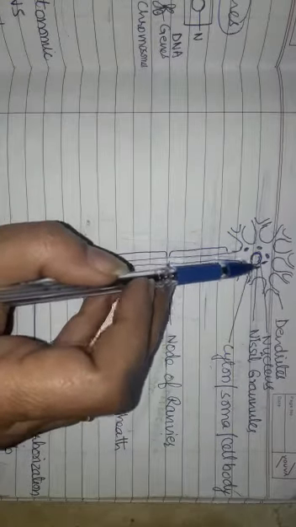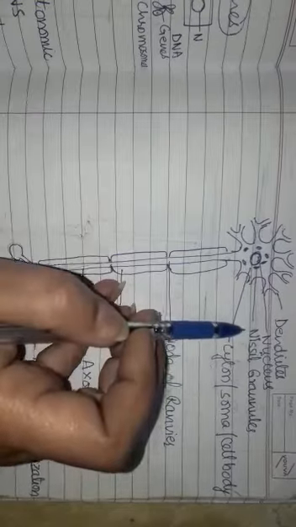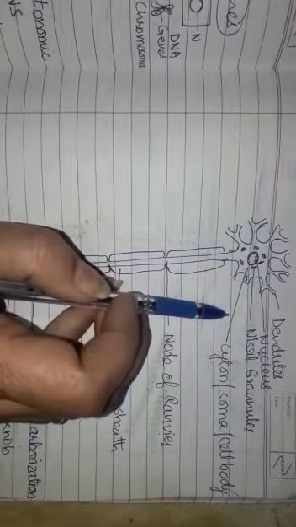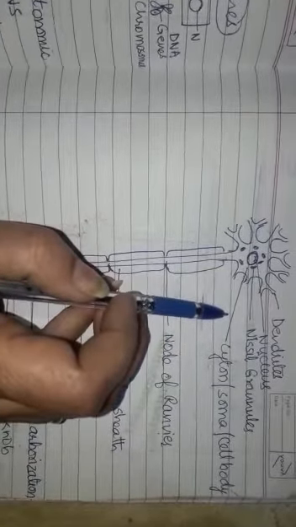The cell body is also called cyton or soma, and the cytoplasm of the cell body consists of Nissl granules. These are the typical granular bodies.